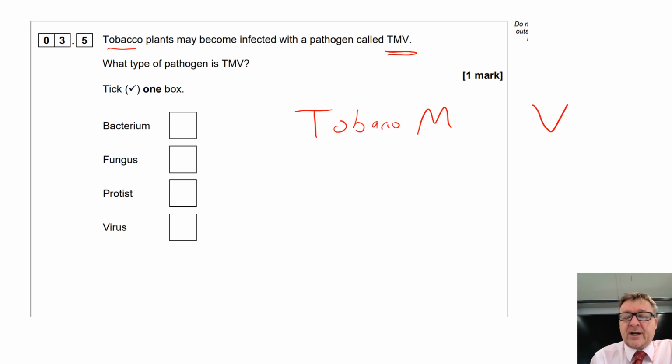Tobacco, I think it is mosaic. Bacteria? Obviously not. Fungus? Protist? Virus. Tobacco mosaic virus. So it must be a virus.